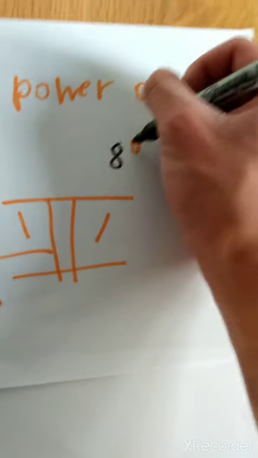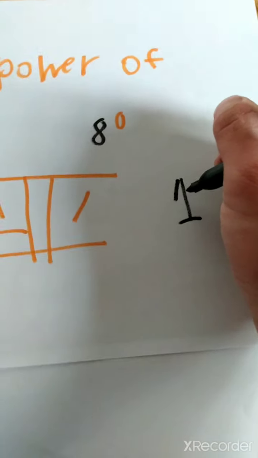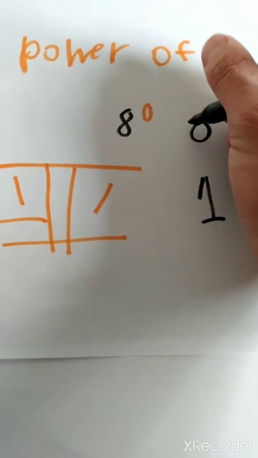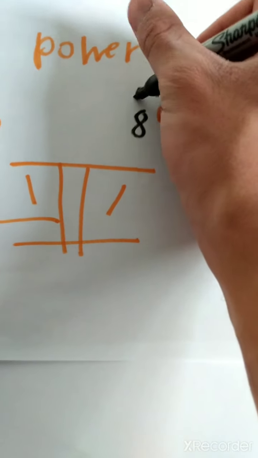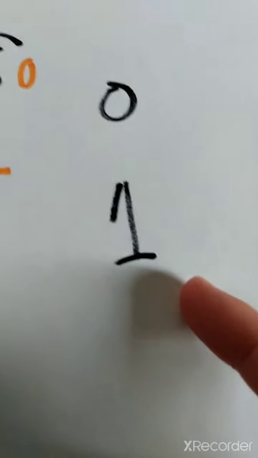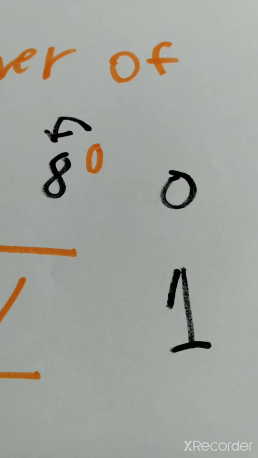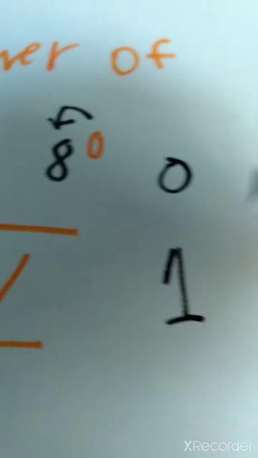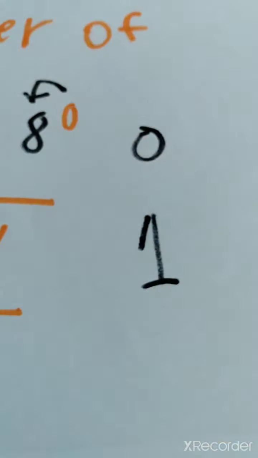So 8 to the power of 0 is going to be 1. That is weird. Why is it not 0? Because it's being powered by nothing. We're going to explain why it's 1 instead of 0, and prove why a zero exponent equals 1 every time.